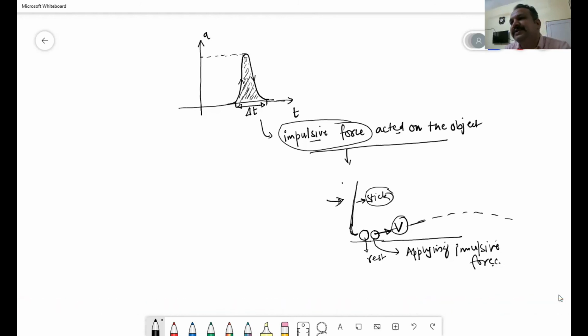So this is the real definition of impulsive force: if a very large force acts for a very short time period, it changes the momentum of the object. So this is the real situation.